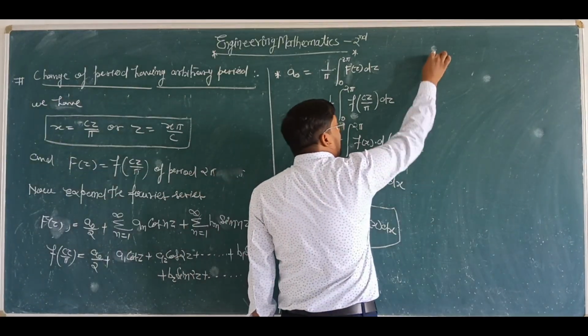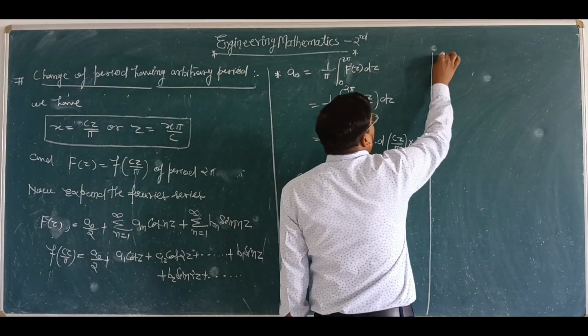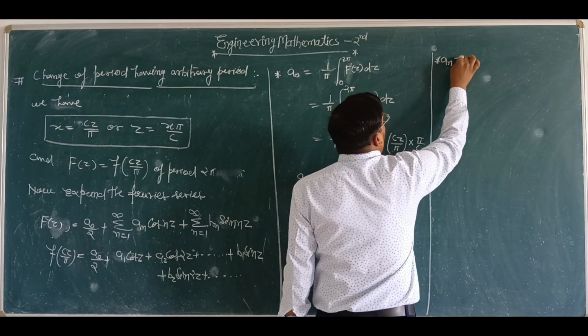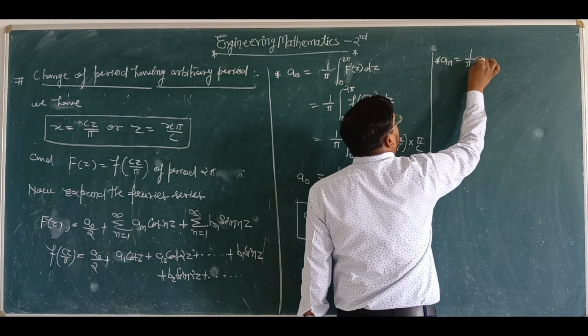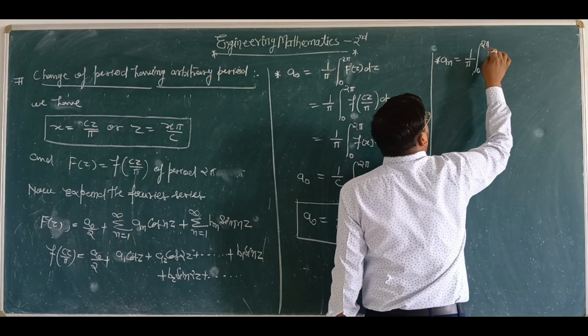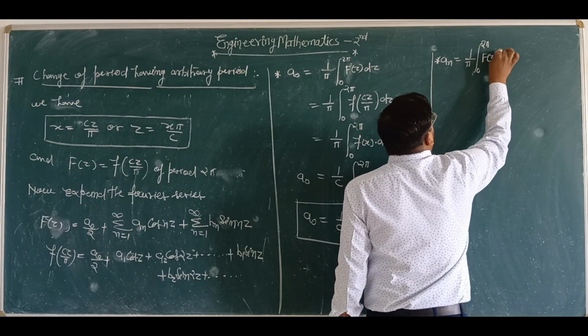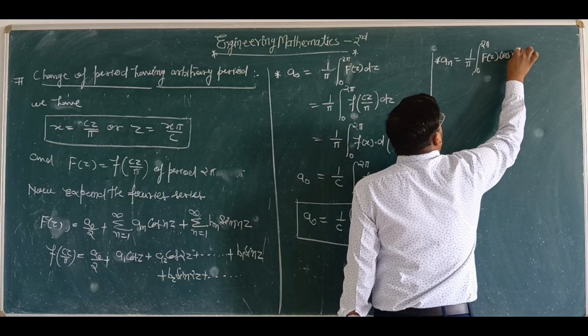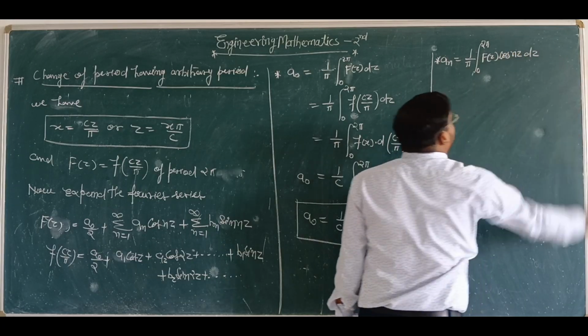Now again the value of an is equal to 1 upon pi integration 0 to 2 pi capital F(z) cos nz dz.